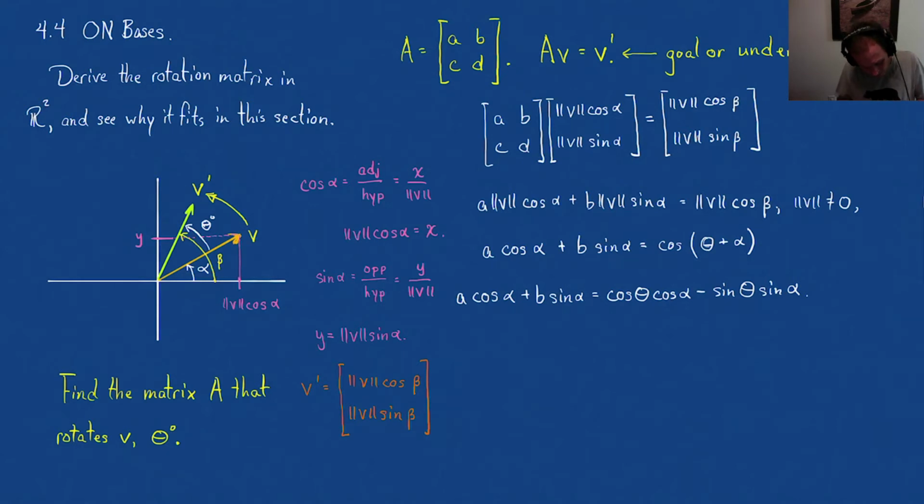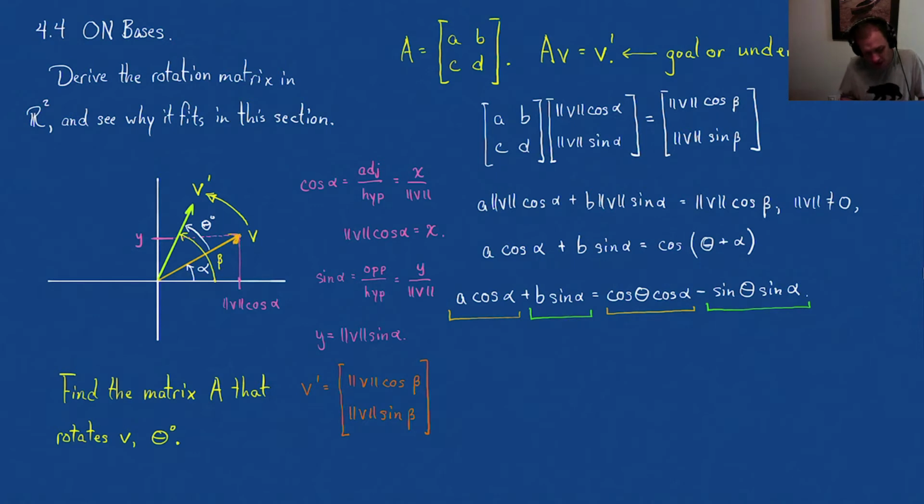In other words, cosine theta cosine alpha, the only way to make that true is if, over on the left-hand side, A cosine alpha is the same. And clearly, if you have a minus sine theta sine alpha, this has to match up with B sine alpha.